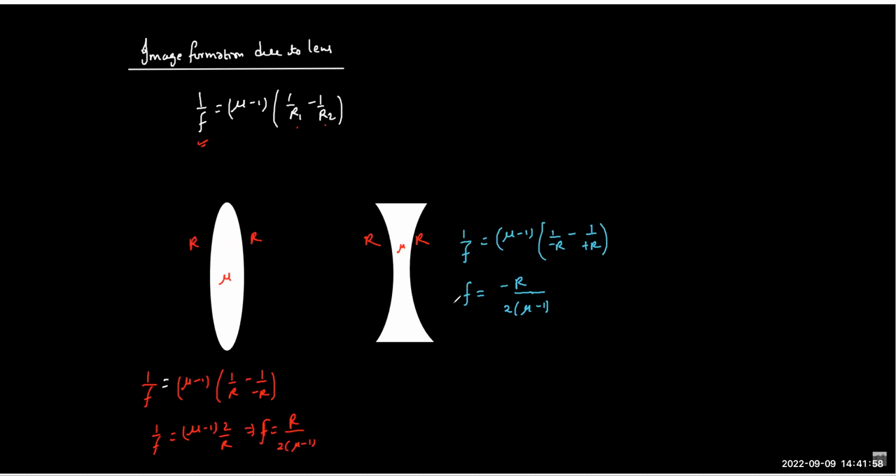Now, whenever the values are given, it is always given with respect to air. So unless it is mentioned that it is given in a medium, you have to assume in air.